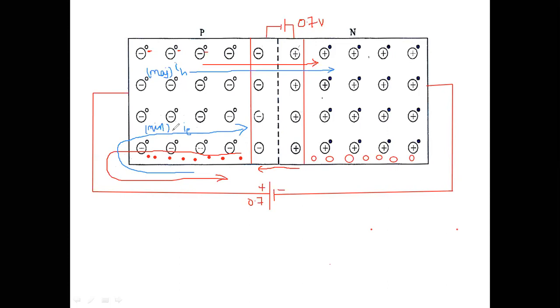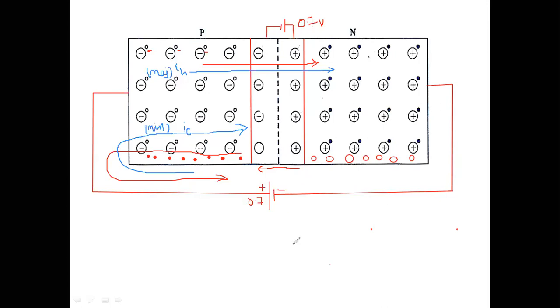Let us move on to this N side. Here electrons are majority charge carriers and holes are minority charge carriers. What about the direction of electrons here?